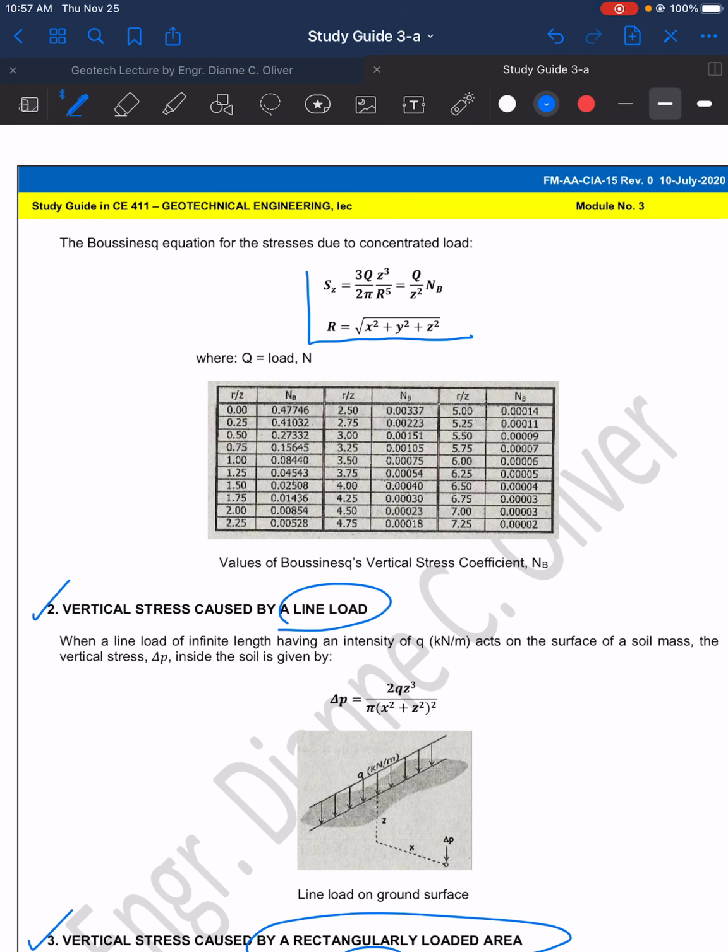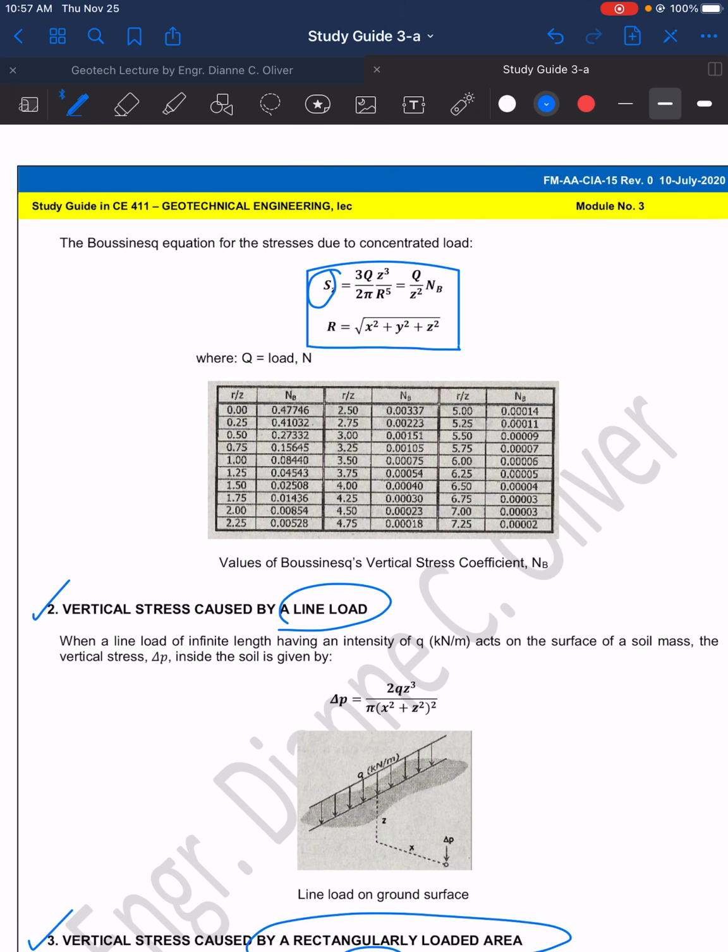These two formulas are what we are going to use.